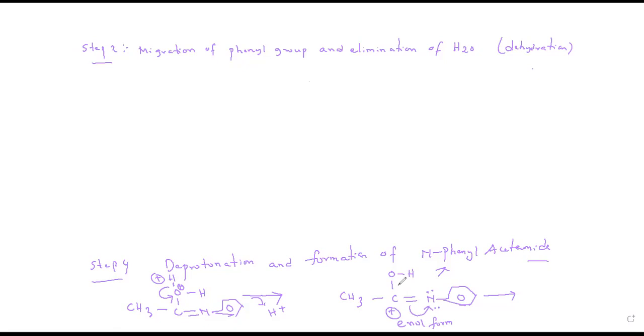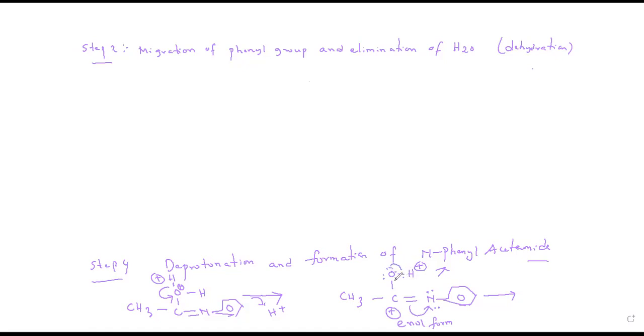Now to stabilize this positive charge, I'm going to break. So here oxygen will have two lone pair of electrons. If I break the bond between this oxygen and hydrogen, hydrogen will get positive charge. So oxygen will now get an extra lone pair of electron.